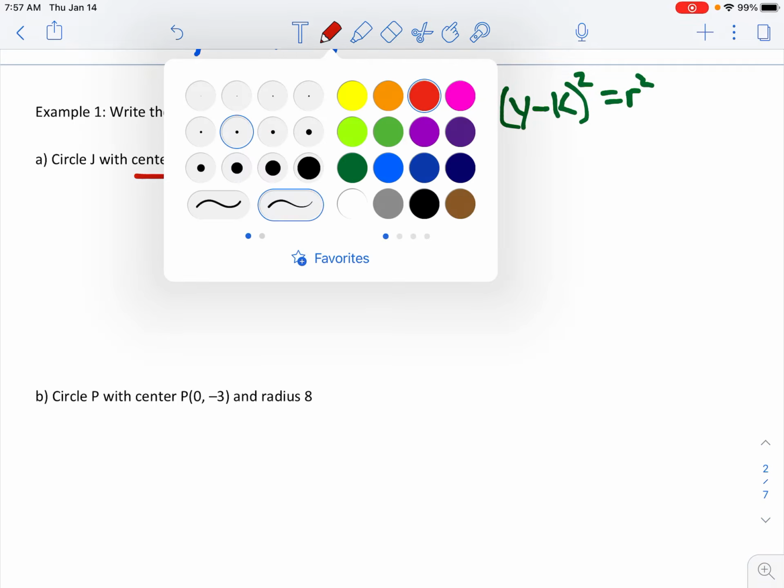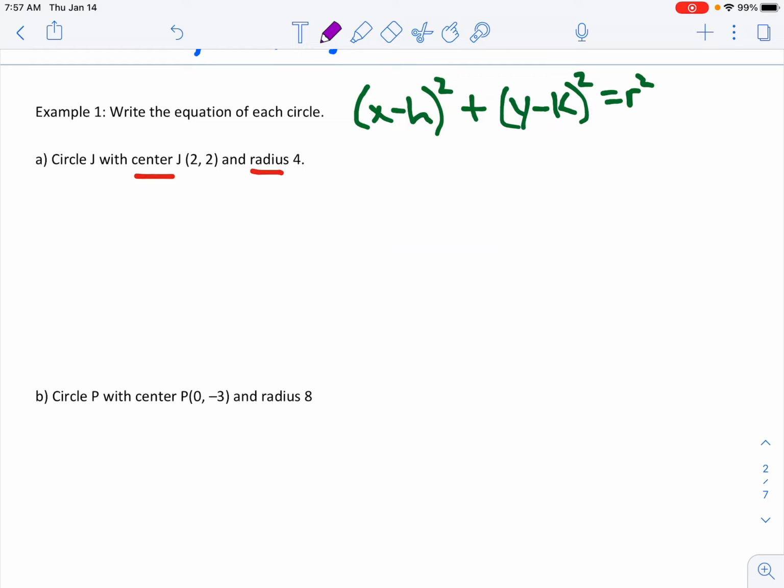So let's go ahead and look at this. Ready? My center is 2, 2, so remember we're plugging in a number for the h, the k, and the r squared. Now, remember our center is technically h and k, so I'm going to put an h above this one and a k above the second one. I am now going to plug this into the equation of my circle.